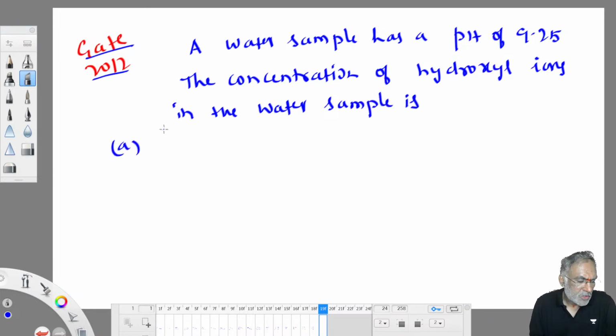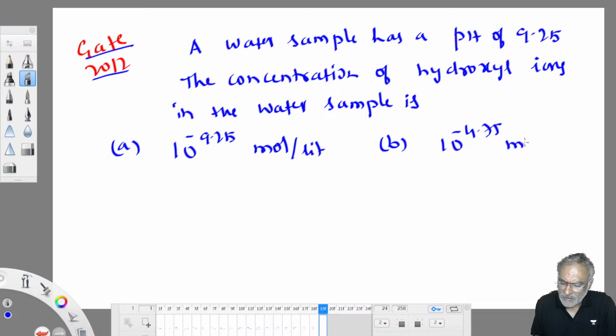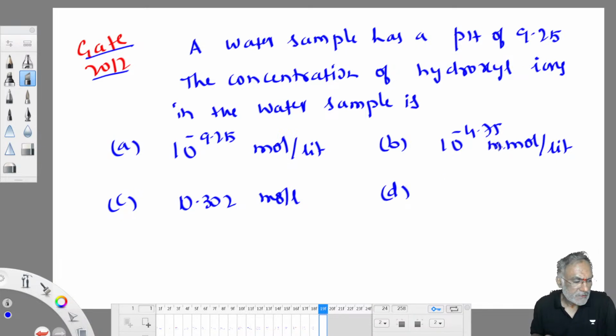It is a 2 marks question in the GATE exam. Option A is 10 power minus 9.25 moles per liter. Option B is 10 power minus 4.75 moles per liter. Option C is 0.302 millimoles per liter. Option D is 3.020 millimoles per liter.